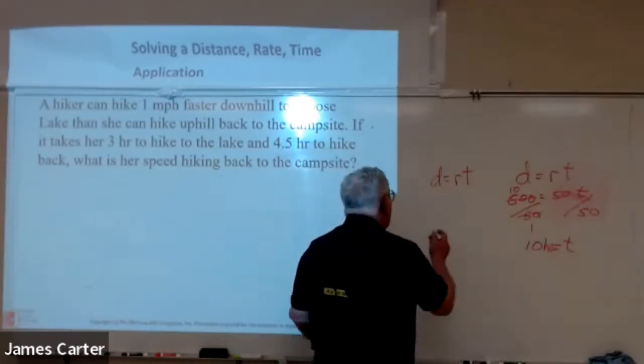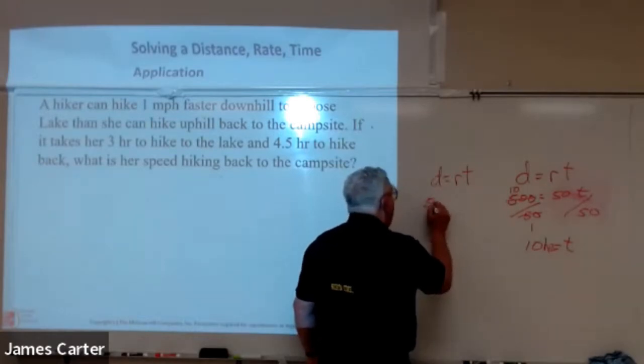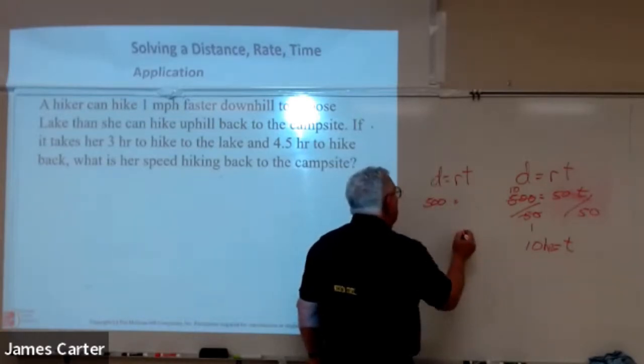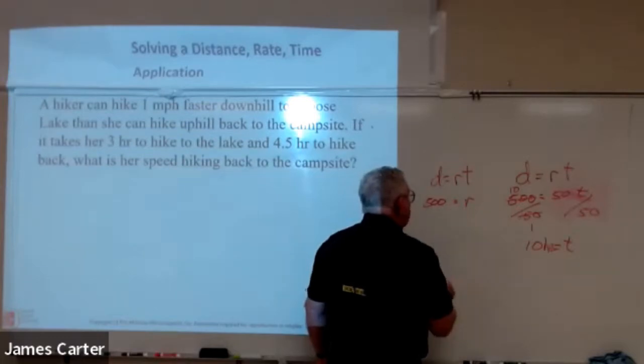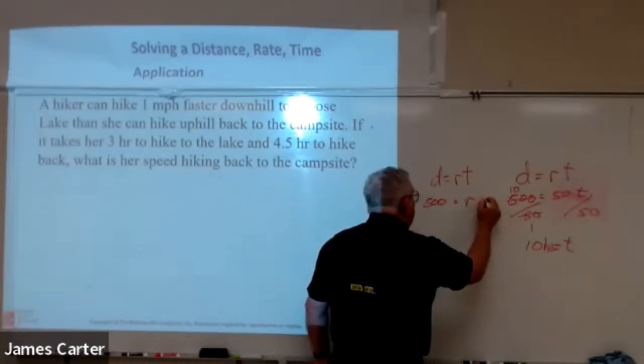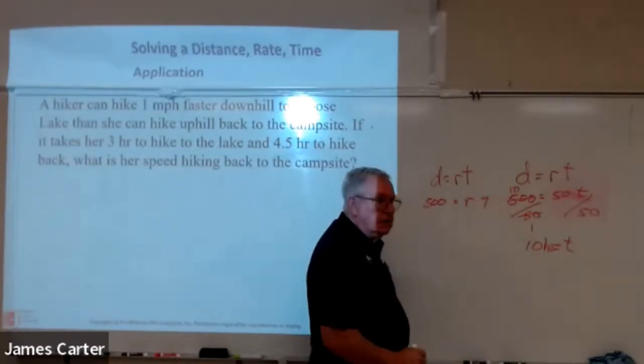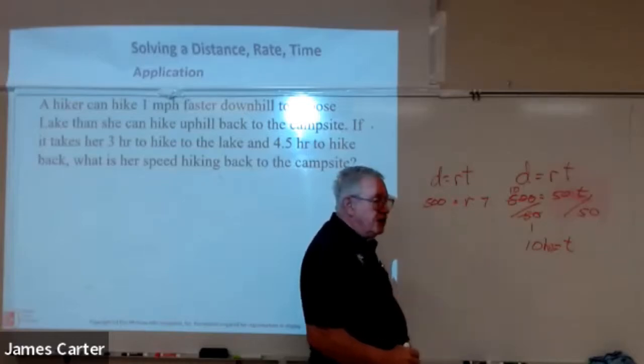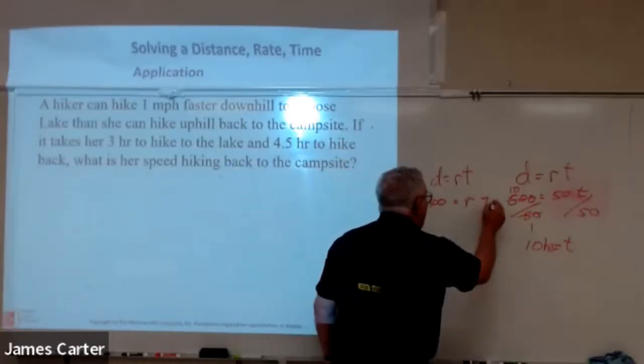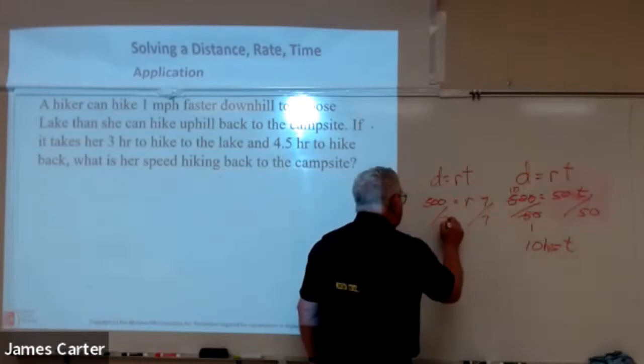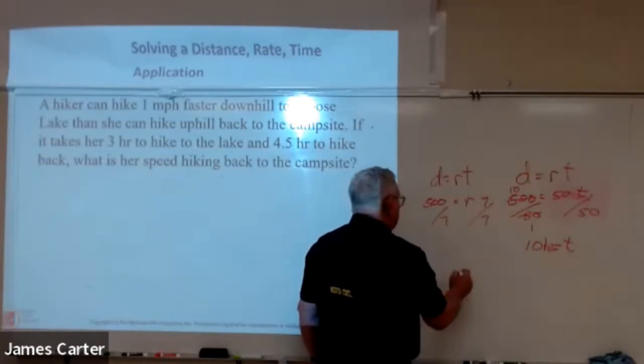Okay? So we take that 500 miles and we don't know the speed, but we know that we want 7 hours. I could have at least picked a number to divide nicely. So I'm going to divide by 7, divide by 7.